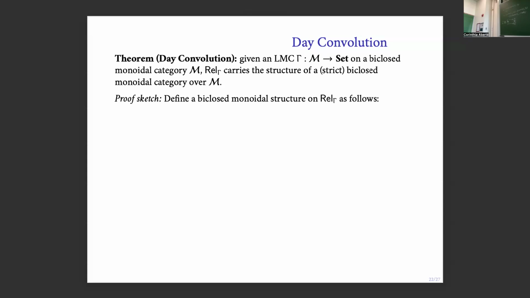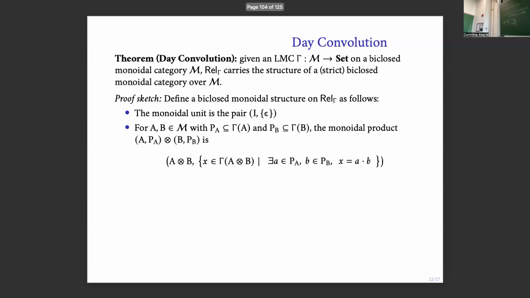We define a bi-closed monoidal structure on the category of relations as follows. The monoidal unit is the pair consisting of the monoidal unit of M and the singleton set consisting of the point epsilon that we get from the lax monoidal structure of gamma.